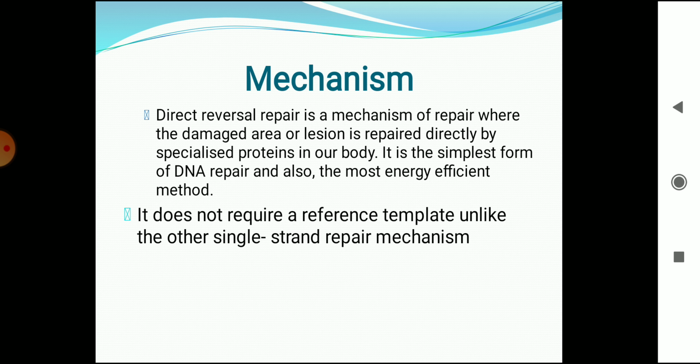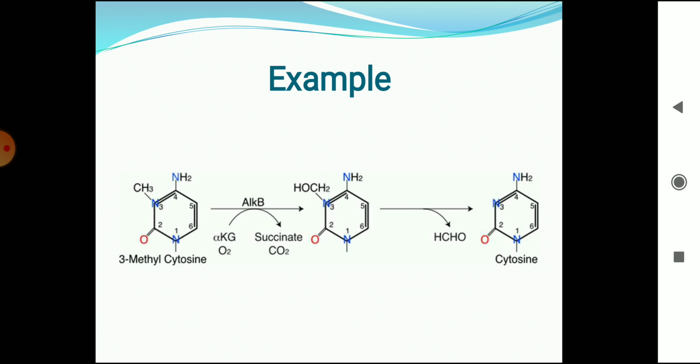It is the simplest form of DNA repair and also the most energy efficient method. It does not require a reference template unlike the other single strand repair mechanisms. It is explained with the help of the example of 3-methylcytosine which gets converted into cytosine.